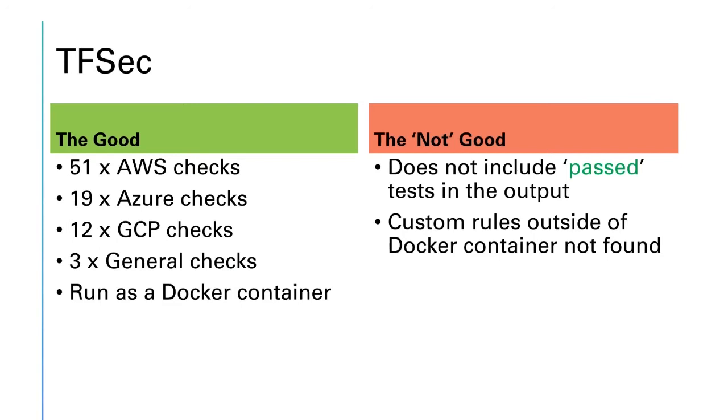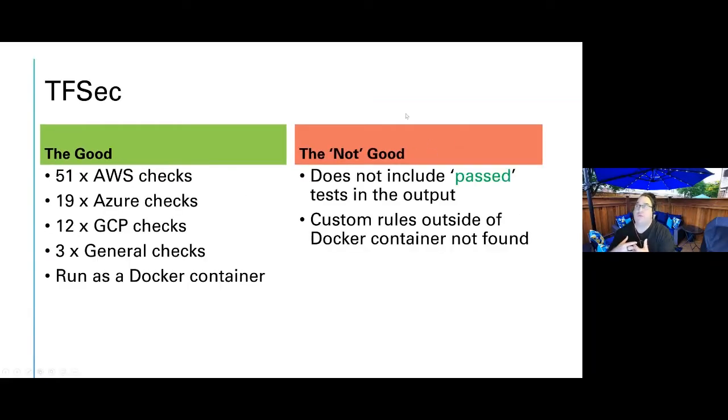So that's maybe a bit of a gap that you might have to explore. You might have to rebuild the container, for example, and inject your custom rules before executing it, versus passing it in directly, like mounting the volume into the container to where the rules are sitting.